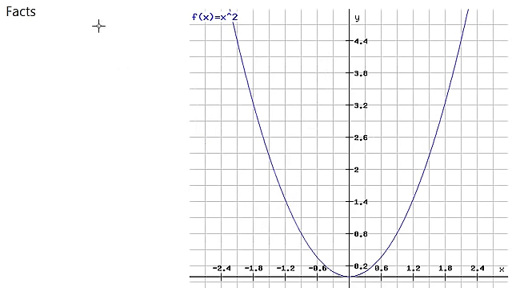Same graph, same gradient, same equation, but different scale. Obviously, I increased the scale so that it's a bit easier.